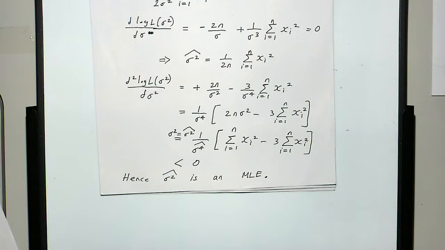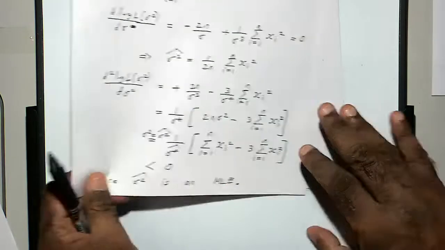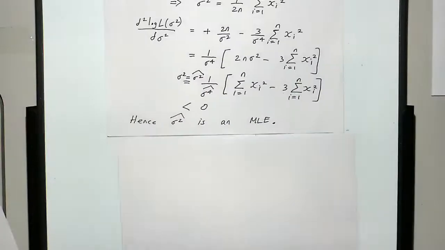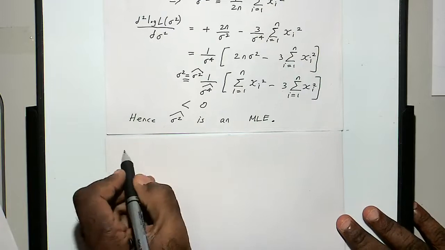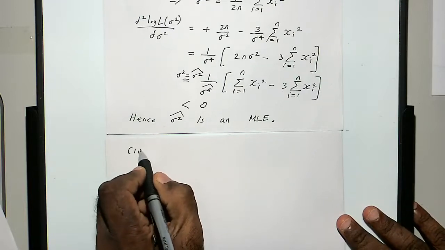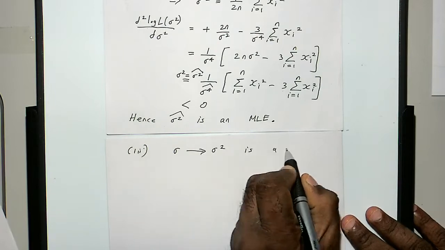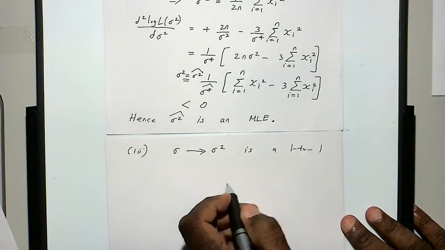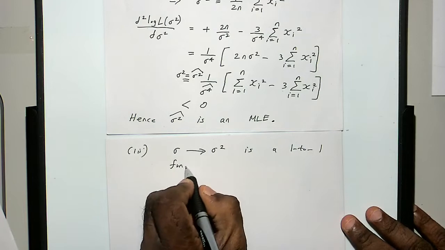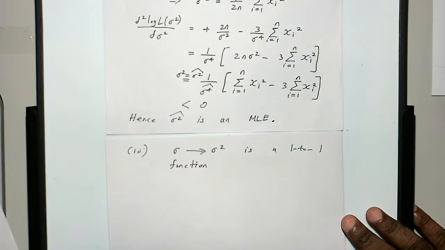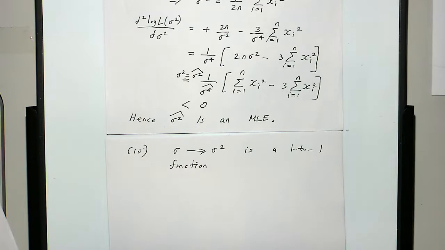You guys okay? All right, let's look at part 3. Part 3 is to deduce the maximum likelihood estimator for sigma. As I said a minute ago, the mapping from sigma to sigma squared is a one-to-one function, because sigma cannot be negative.